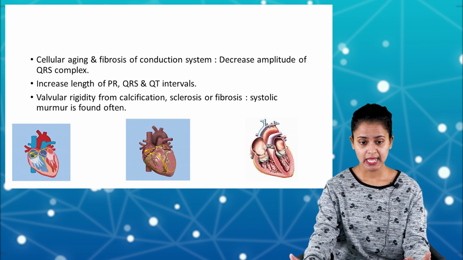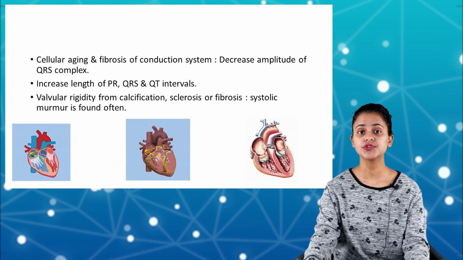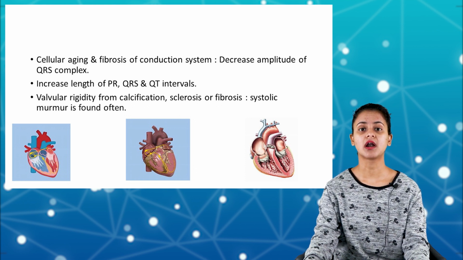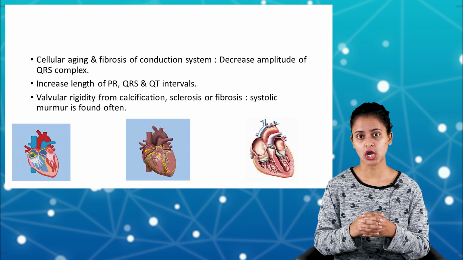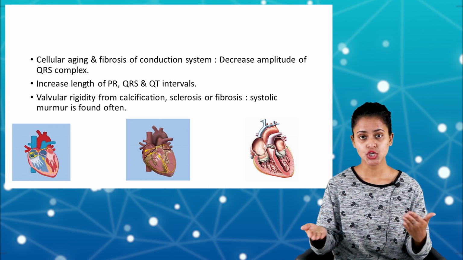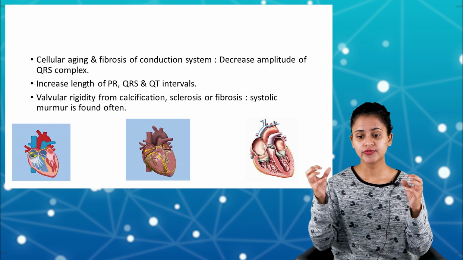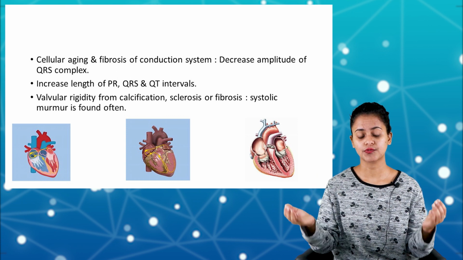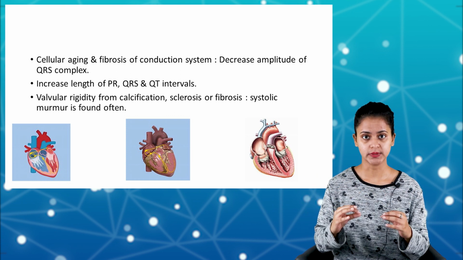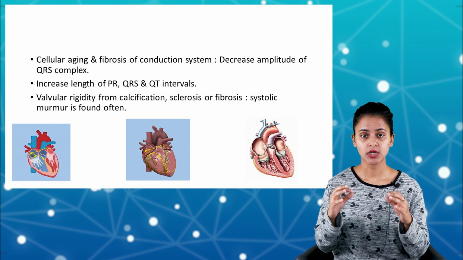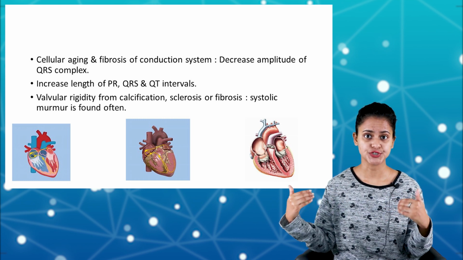Cellular aging and fibrosis of the conduction system within the heart will be very commonly found with the aging process. So that is the reason there will be decreased amplitude of the QRS complex on electrocardiography in old age people.